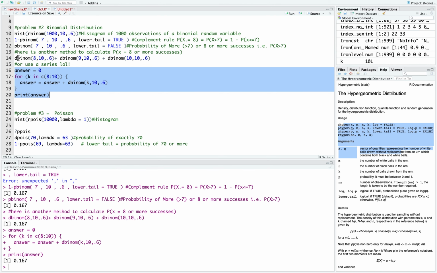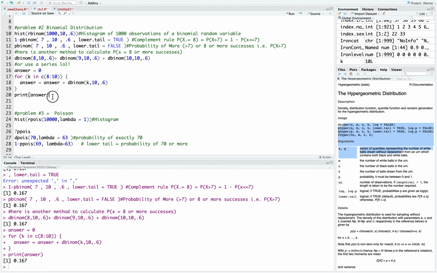All that's happening here is that this variable k is ranging from 8 to 10, and I'm adding all of them up. So I'm doing exactly what's done in this line, just in a for loop. Now that would be very advantageous if I had something that went beyond 10, like maybe I had to add up everything between 8 and 800, or 8 and 100.